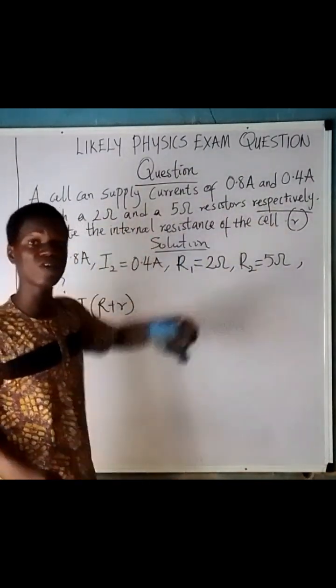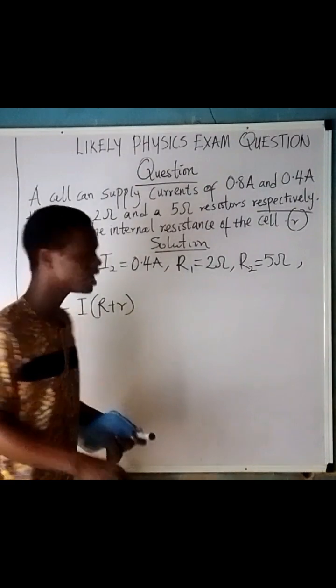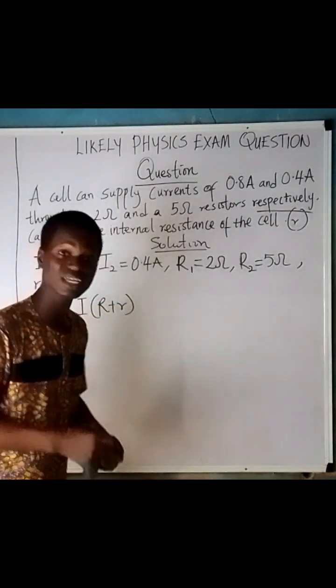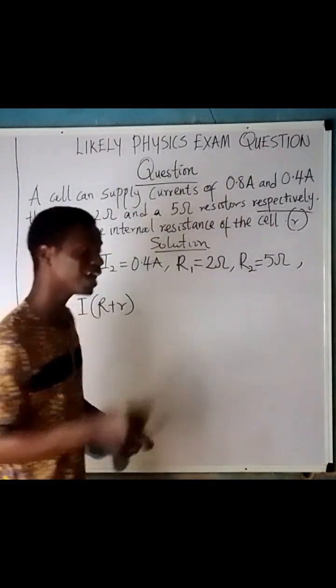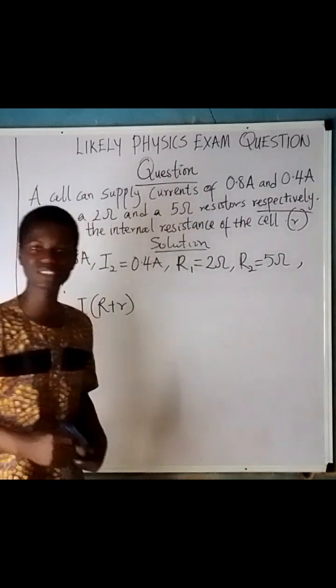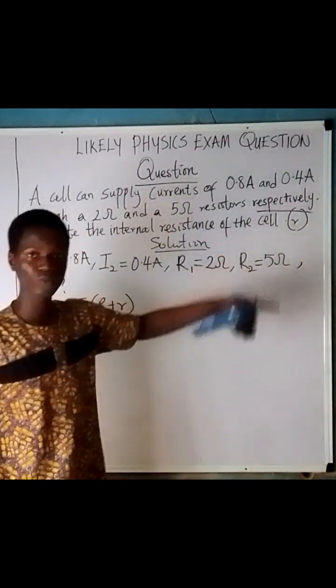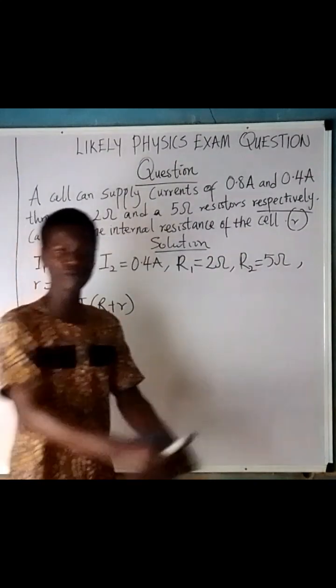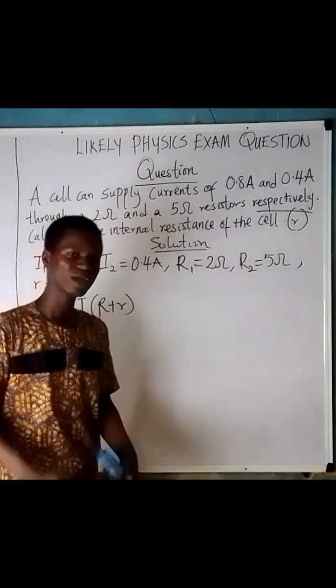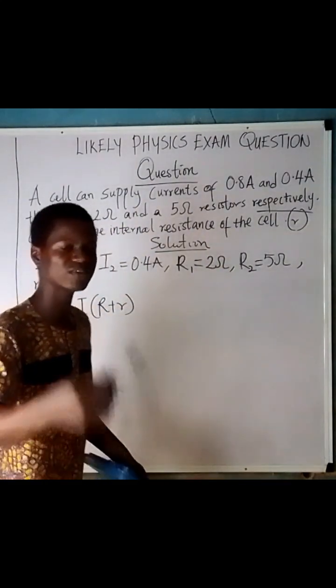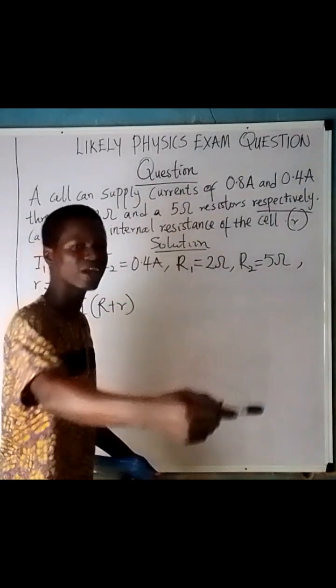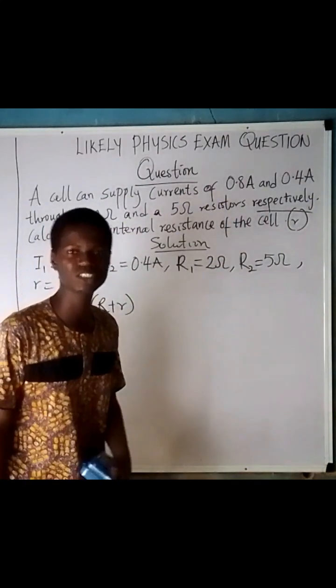The EMF of the cell itself will never change, and the internal resistance of the cell itself will never change. And that's why the question was asking you to find internal resistance. Because if it was going to change when you interchange resistors, when you remove a 2 ohm resistor and put a 5 ohm resistor, if the internal resistance had changed, you would have seen something like: calculate the internal resistance when the 5 ohm resistor was connected.